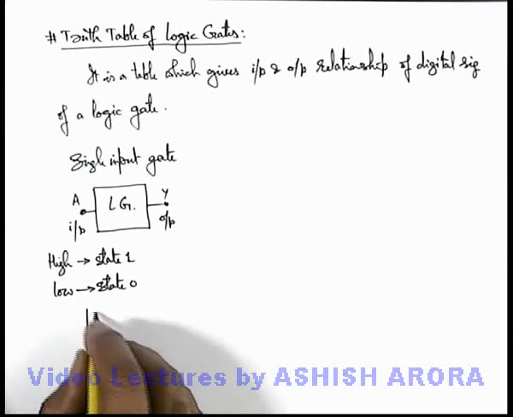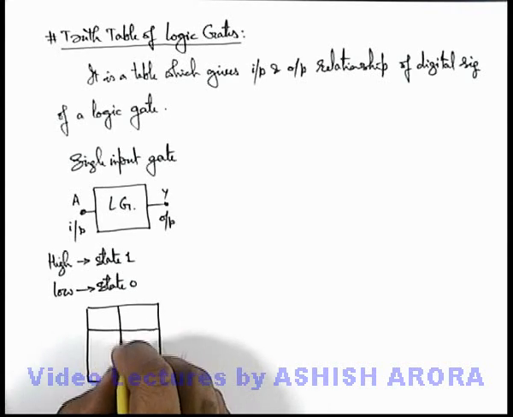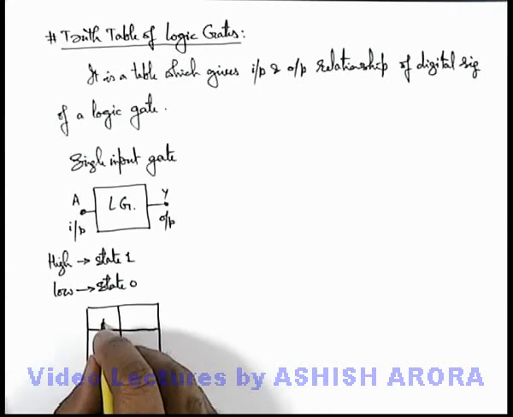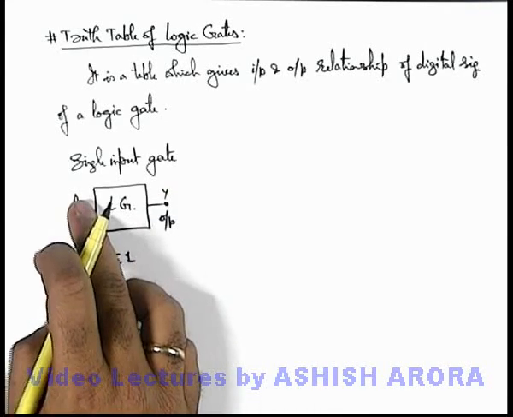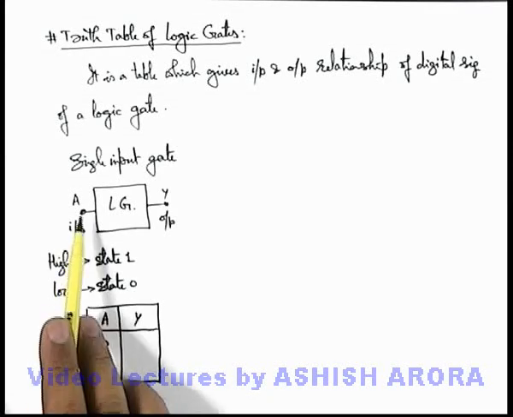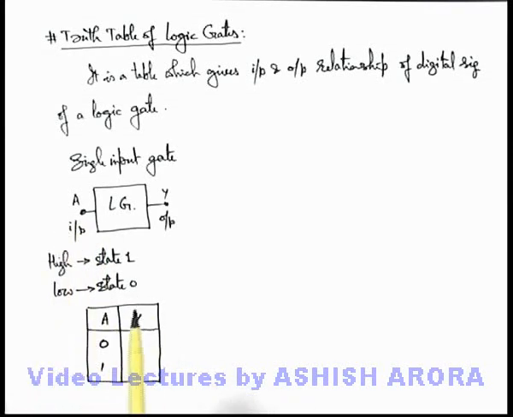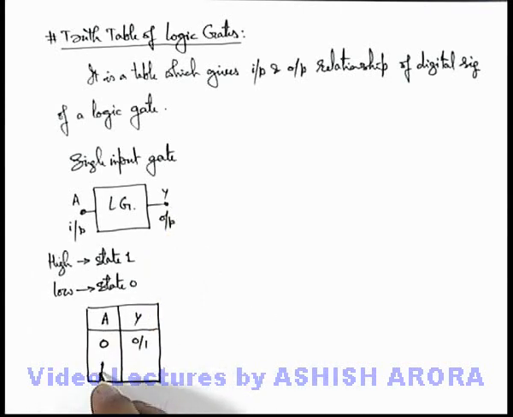So if we draw the truth table of this particular logic gate, there will be two columns in it, one for input, the other for output. And A can take only one value at an instant, either 0 or 1. That means the voltage of A will be either low or high. Then correspondingly Y can take up either low or high, and if A is 1, then also Y can be either 0 or 1.